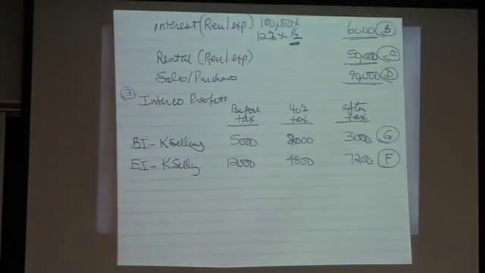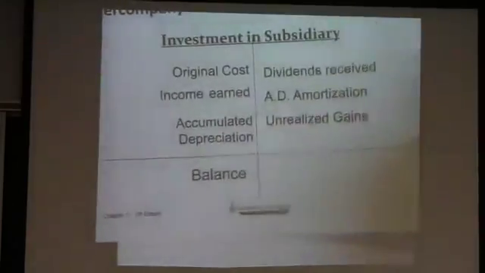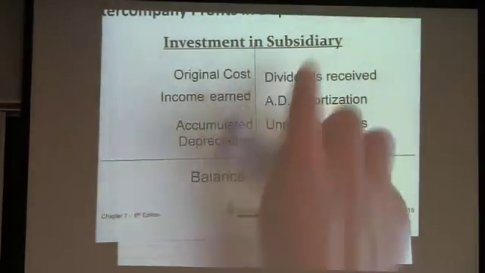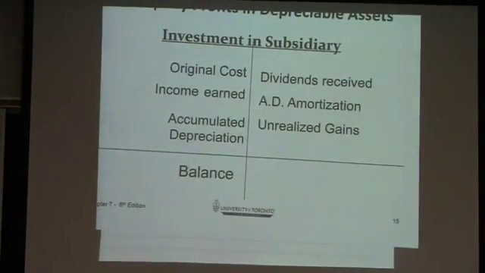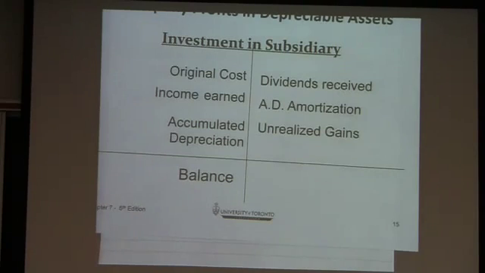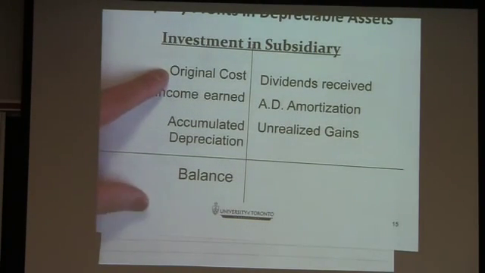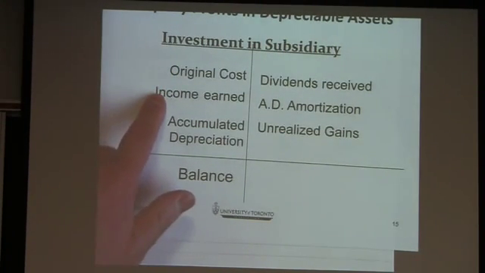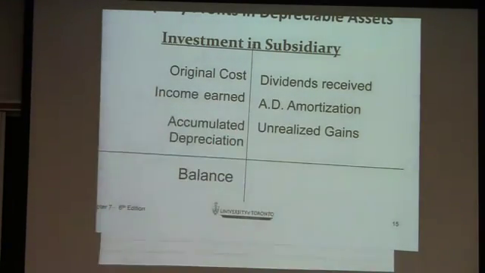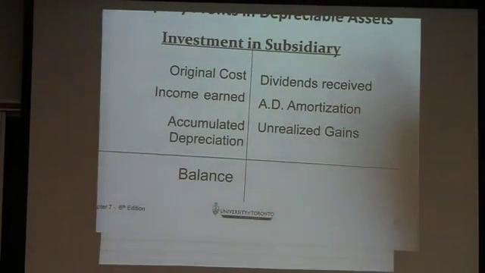So let's take a look at the T account, for example. The T account in the investment in subsidiary, if you remember this T account, we started with original cost. This is what we paid. This is the income earned, so we pick up our share of the net income of the subsidiary, less our share of the dividends received.